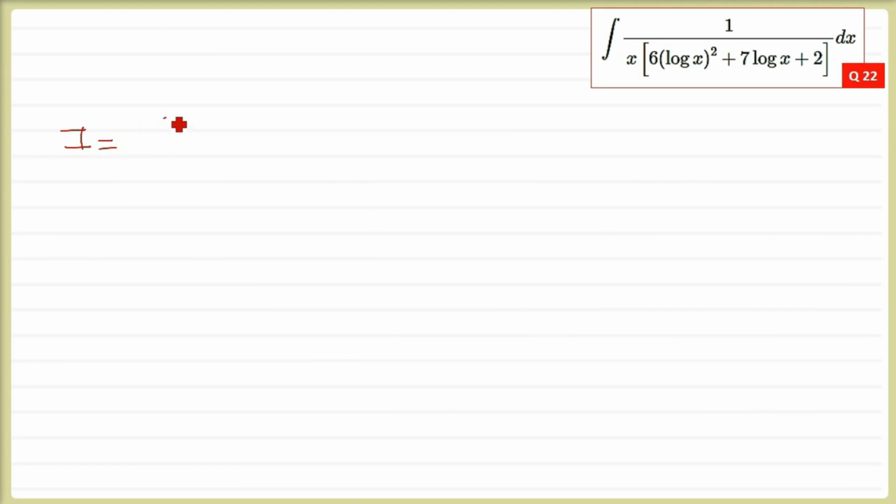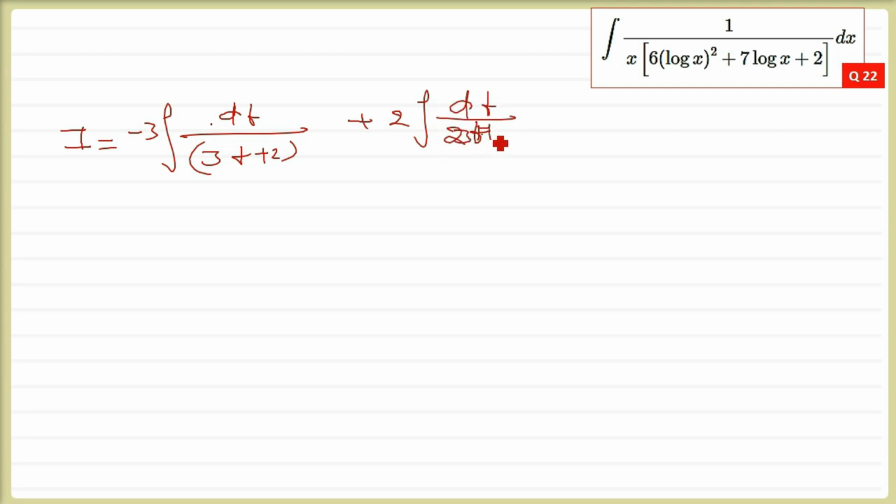So this integration will be the integration of minus 3 dt divided by 3t + 2, plus the integration of 2 dt divided by 2t + 1. The integration of 1 by x will be log modulus of x, dx by x is log x. And then we have to differentiate 3t + 2.